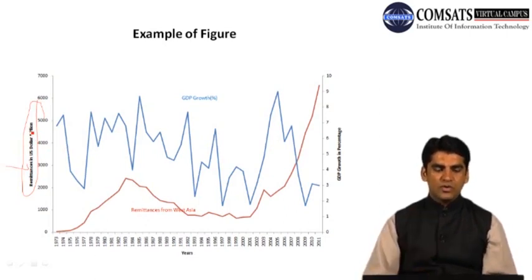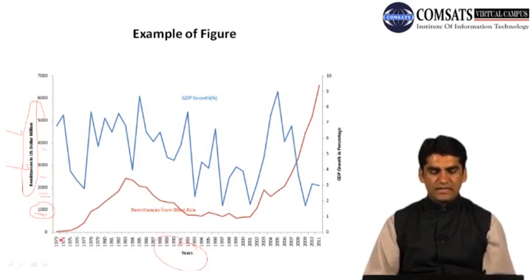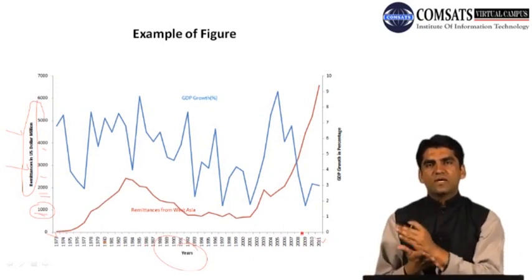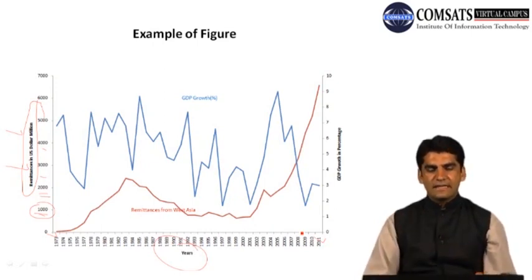So we now know that 1000 means 1000 US dollar, and that is in million. So now we can say easily that this left side is labeled, and below we have put the term years. So 1973 to 2011 are all years. So on a year to year basis we have plotted that data.